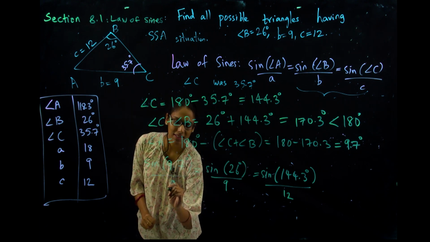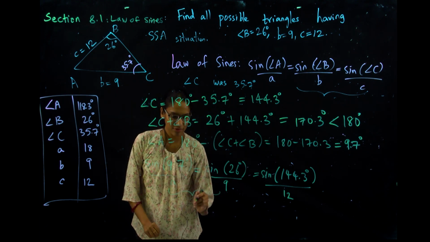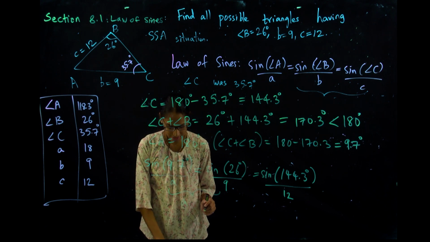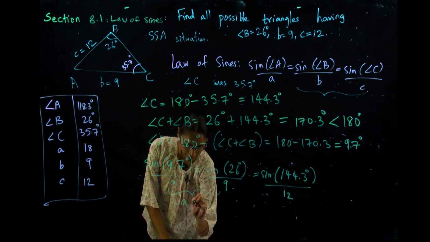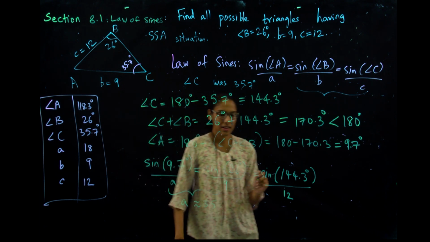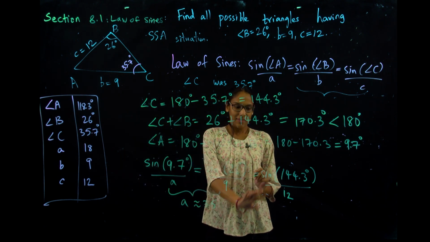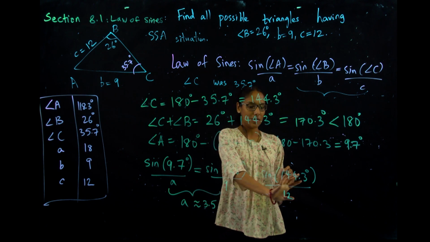Now, using these two pieces, we can find little a, and that is going to be approximately 3.5, and that's it. That gives us all the measurements.